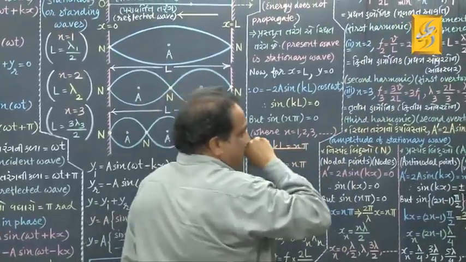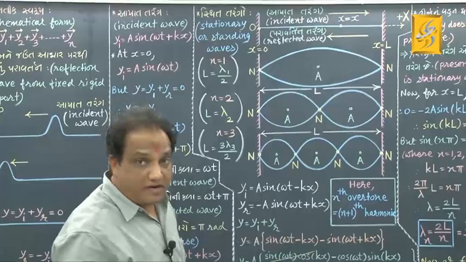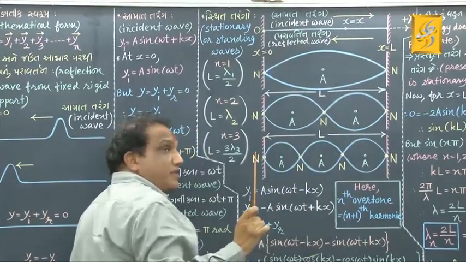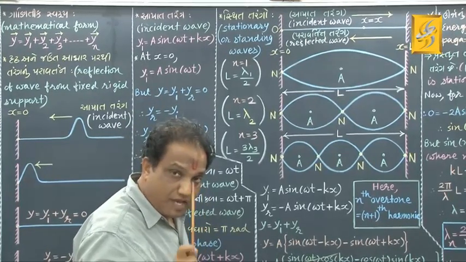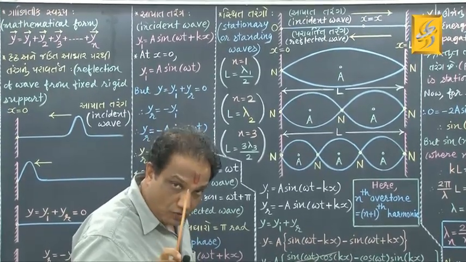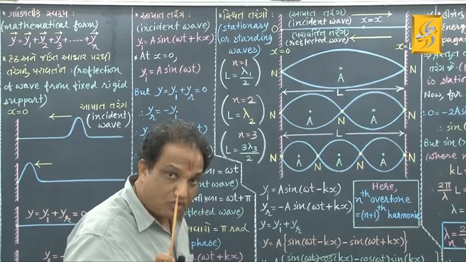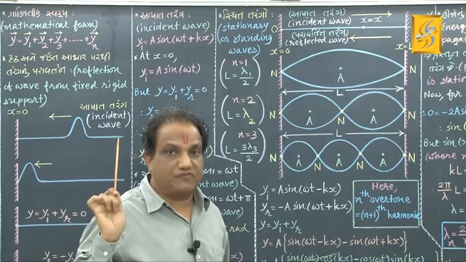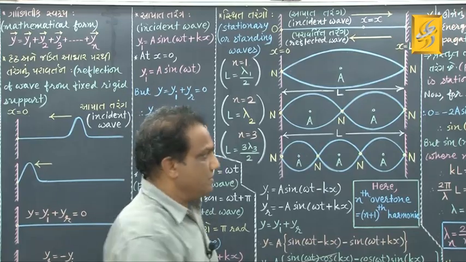Now, here in these patterns, we find certain positions on the string which remain stationary, for which the amplitude of oscillation is 0. Such positions where the amplitude of oscillation of a particle of the string is 0 are called nodal points, or nodes.